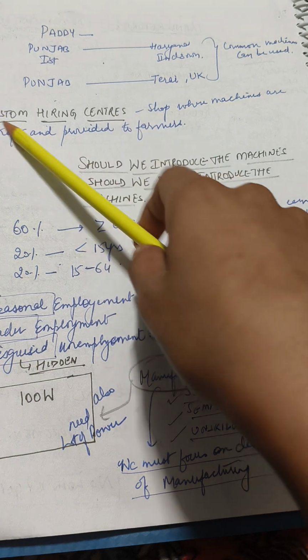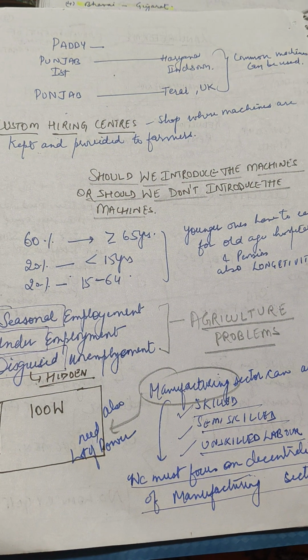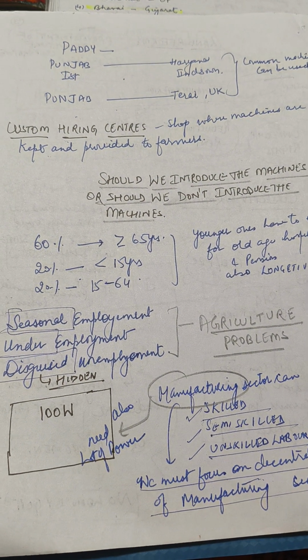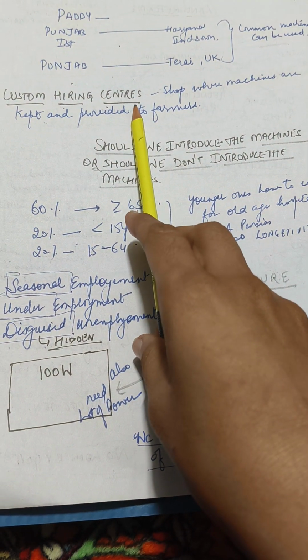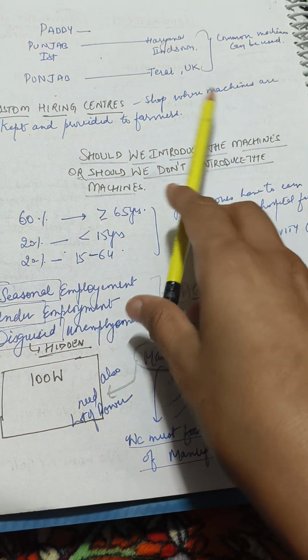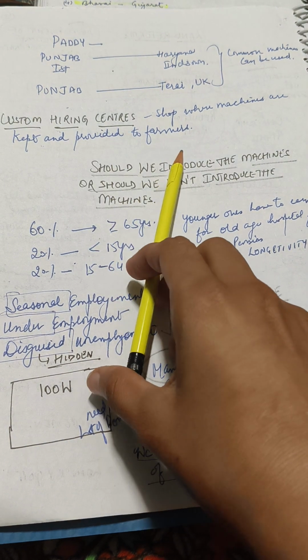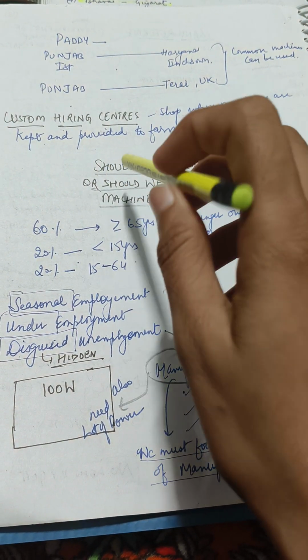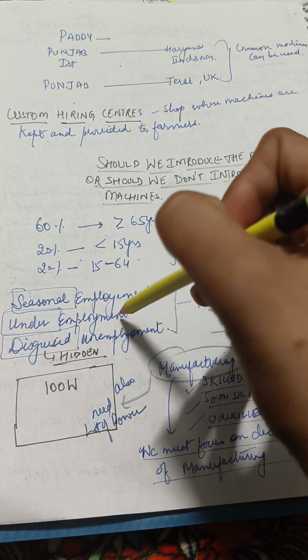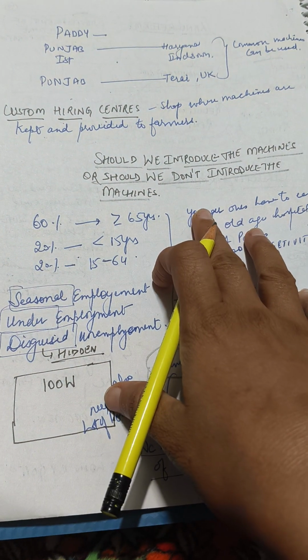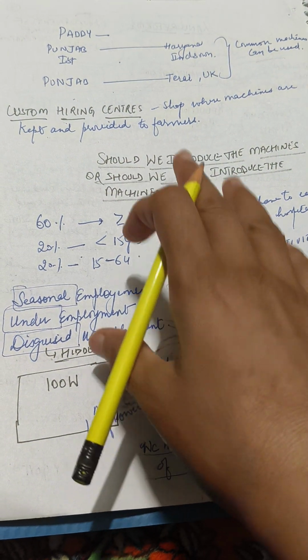In these areas where a common crop is used, we can find a good solution in using common machines. Then custom hiring centers, shops where machines are kept and provided to farmers when they are not in use.